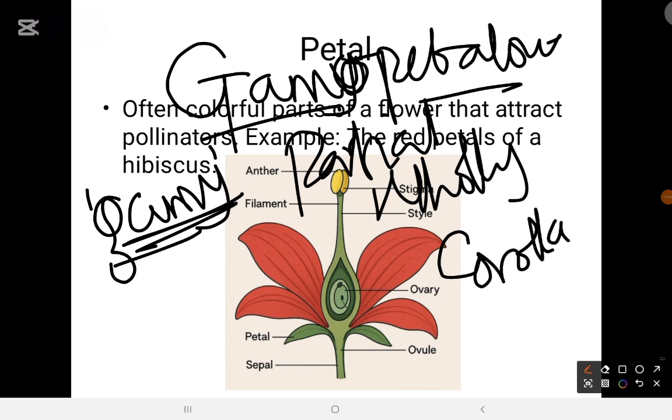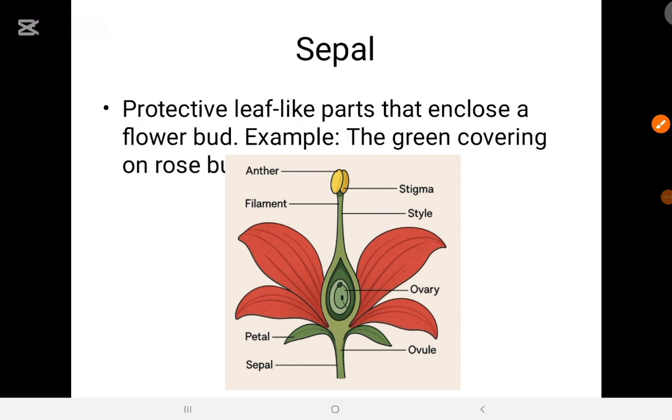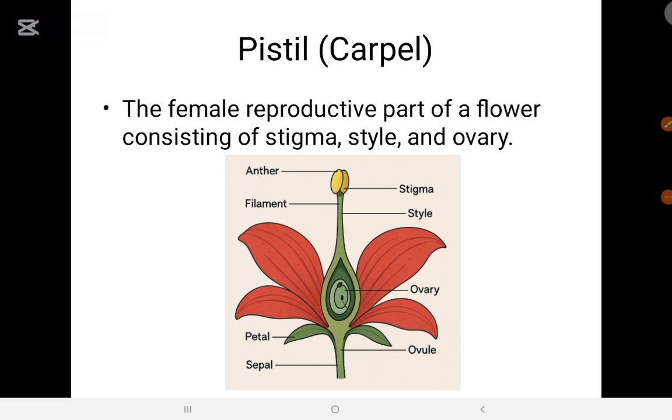If you look at it, you see it's projecting outward like this. It's looking like a funnel. Okay. So when sepals are fused together, they are called gamosepalous. Okay.